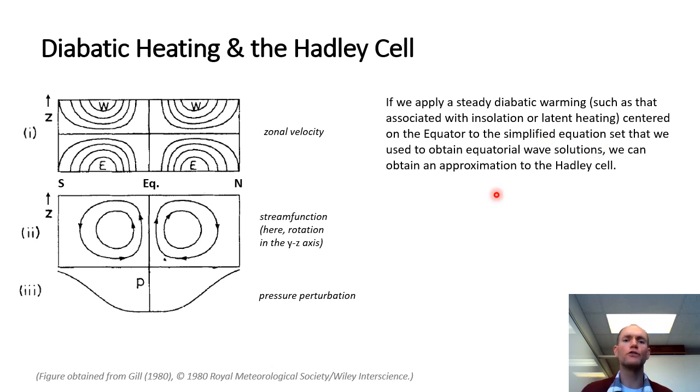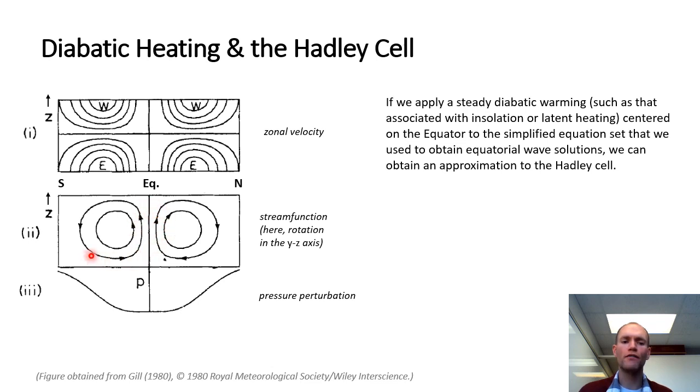And lo and behold, the solutions to that, when we average them across all longitudes, so around the Earth, at and near the equator, we get an approximation for the Hadley cell. I'll start with this second panel here, known as the stream function. In this case, it's defining the rotation in the y and z axes, very similar to the cartoon on the previous two slides. So here we see rising motion near the equator, where the diabatic warming is taking place.